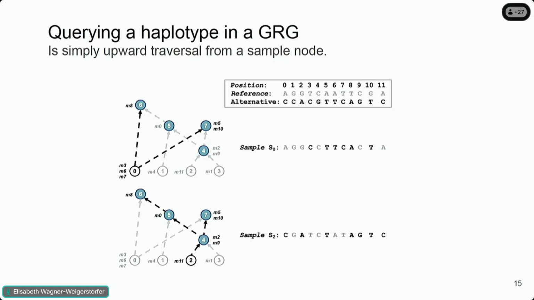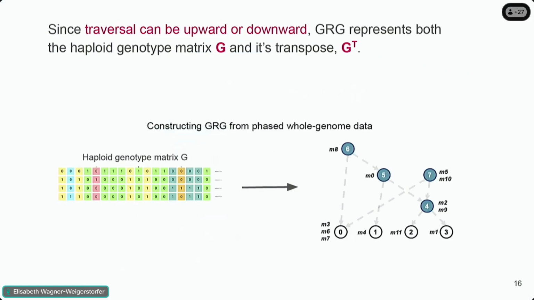You can see that we can query which samples have which mutation, and we can also query which mutations get passed on to which sample. That's simply a downward traversal versus an upward traversal in this graph. Since traversal can be upward or downward, it's pretty much the same thing when we have a graph.